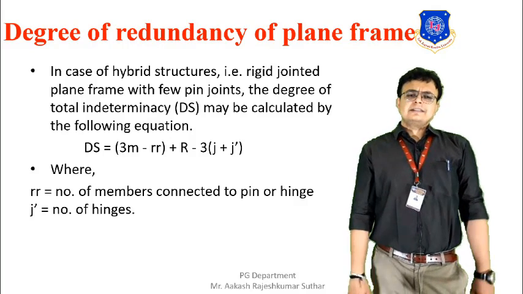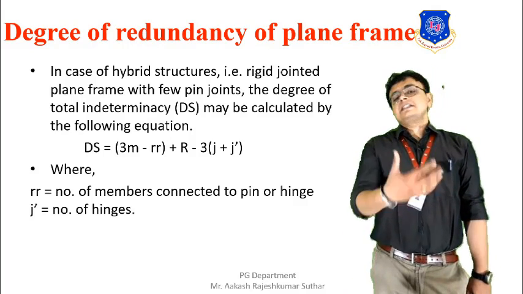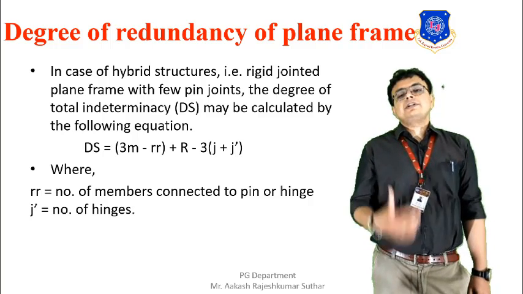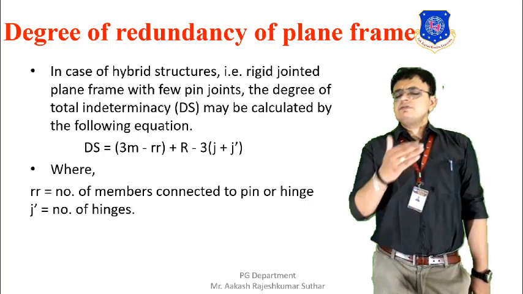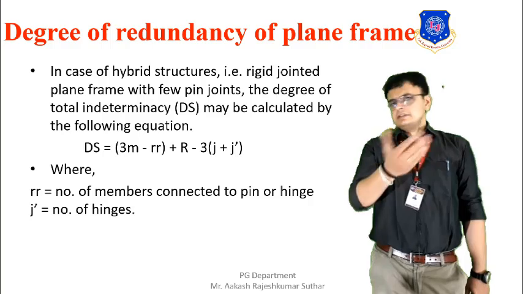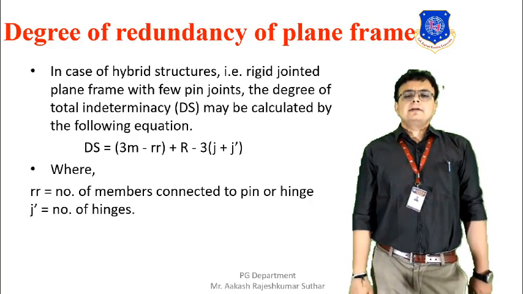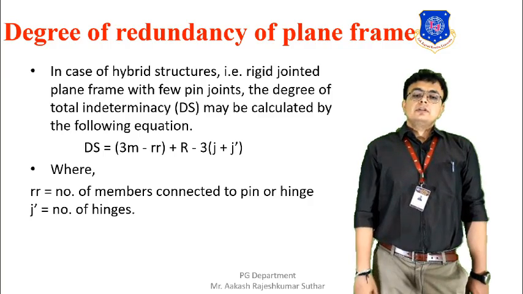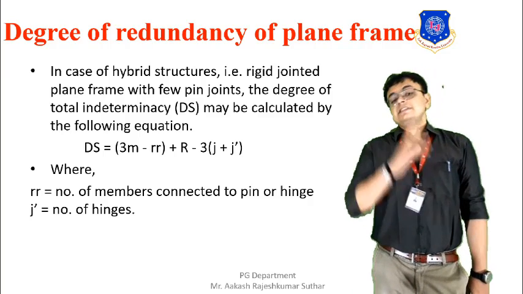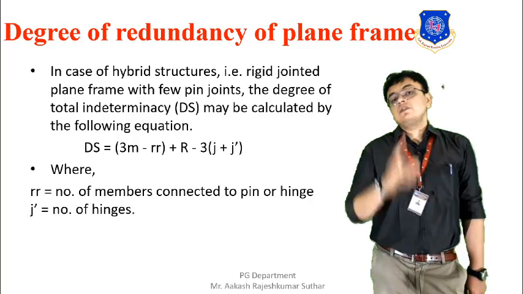Further, in the case of a hybrid structure, that is a rigidly jointed plane frame with a few pin joints, in some frames pin joints are also available. The degree of total indeterminacy, that is Ds, may be calculated by the following formula.